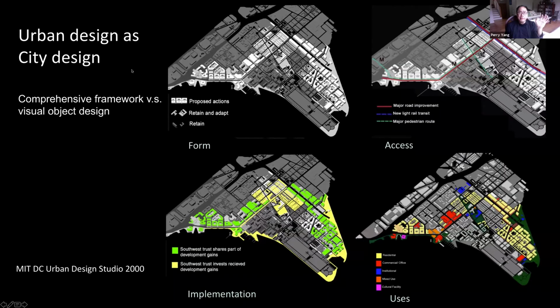And finally, urban design can have a very wide range, where you are helping a community, a district, to transform their community over time. So we propose a framework. We don't design a specific object. So we propose a framework of infrastructure, land use, and phasing implementation strategy.